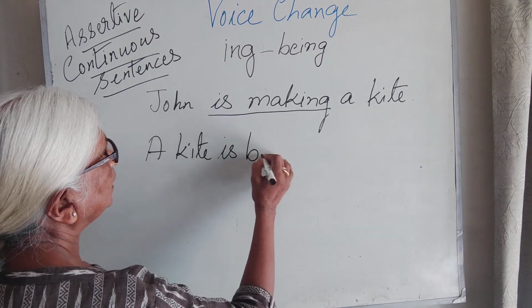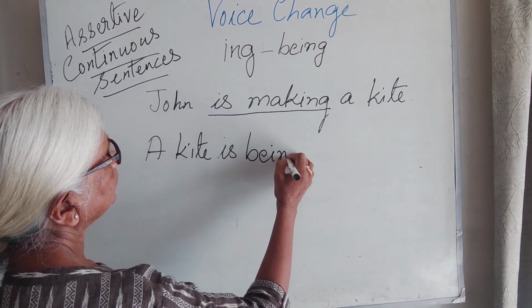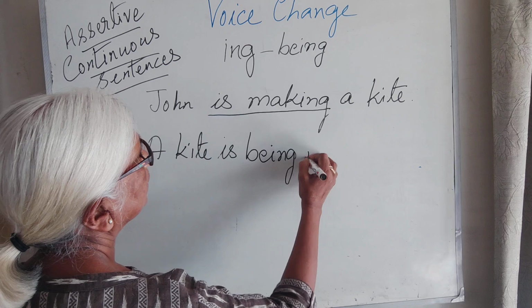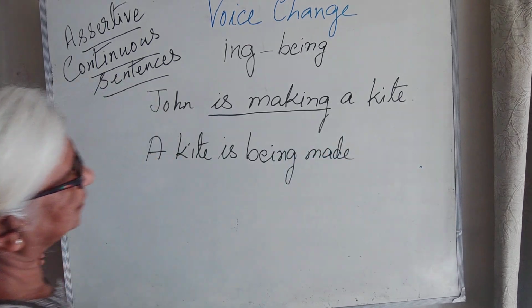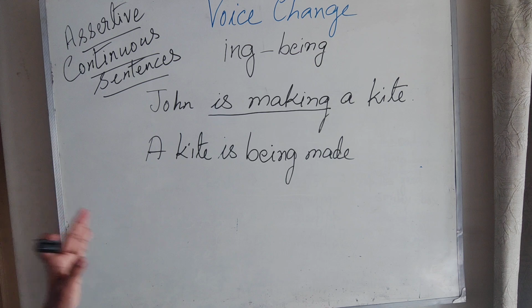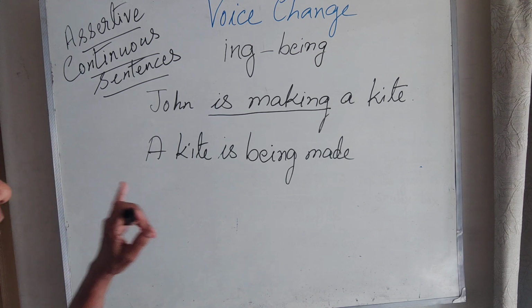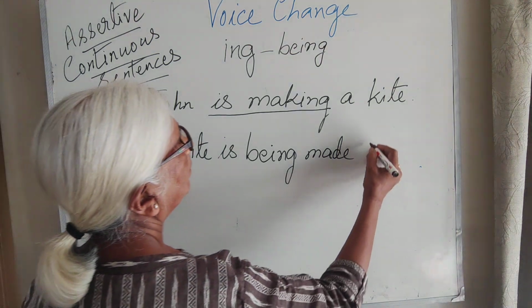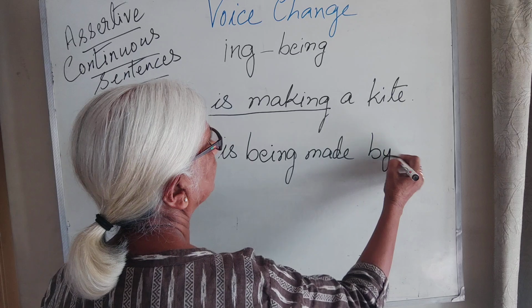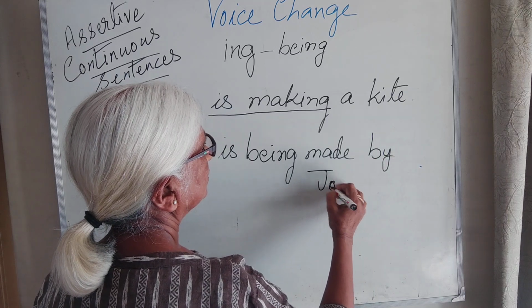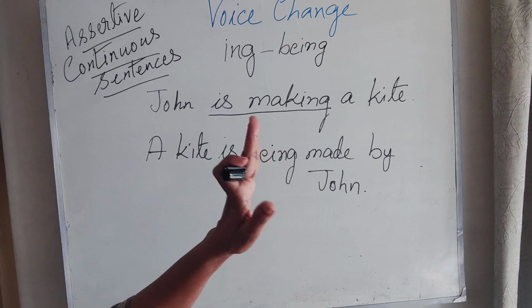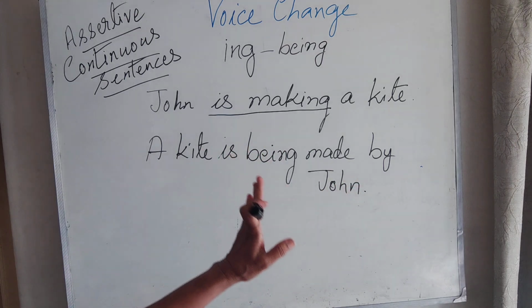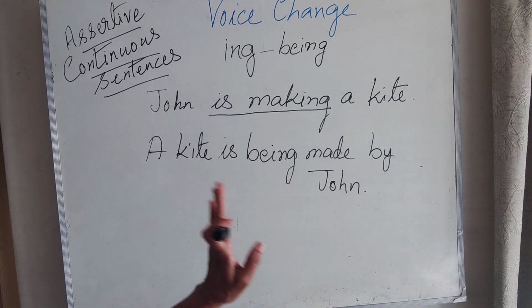Is being made, because made is the past participle form of make. Make, made, made. A kite is being made by John. Okay? So, John is making a kite. A kite is being made by John.